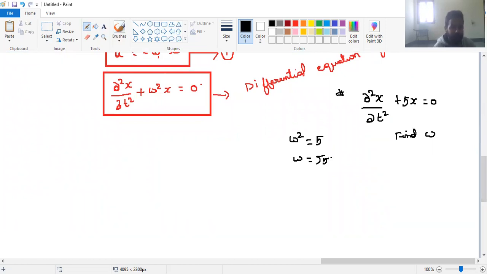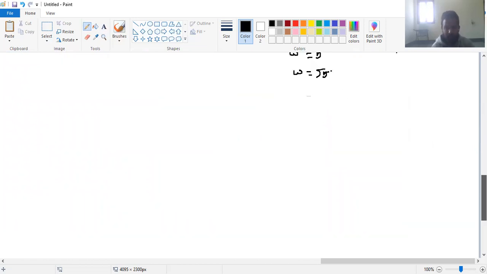Then let me go with the second equation, that is regarding velocity. So you know acceleration is equal to minus omega square x. So acceleration is nothing but dv by dt, change in velocity by change in time.